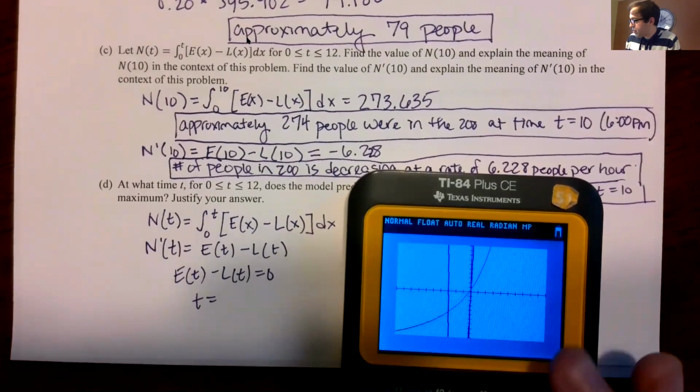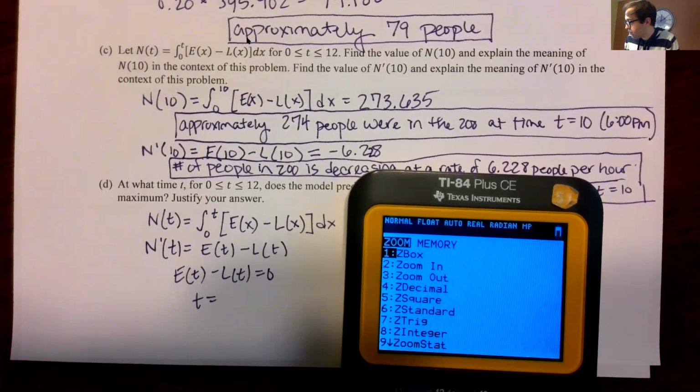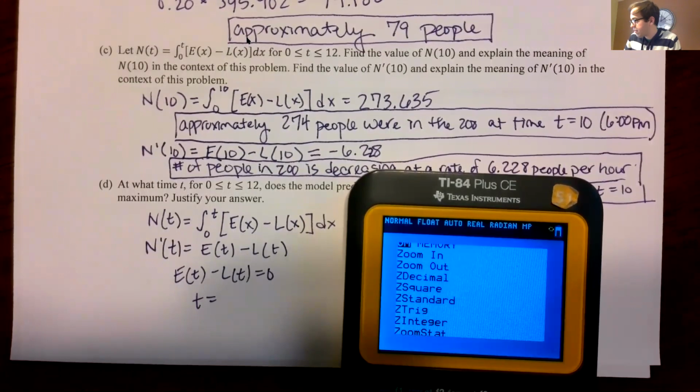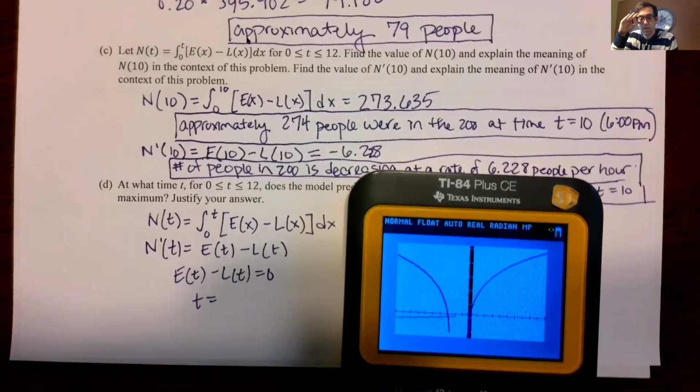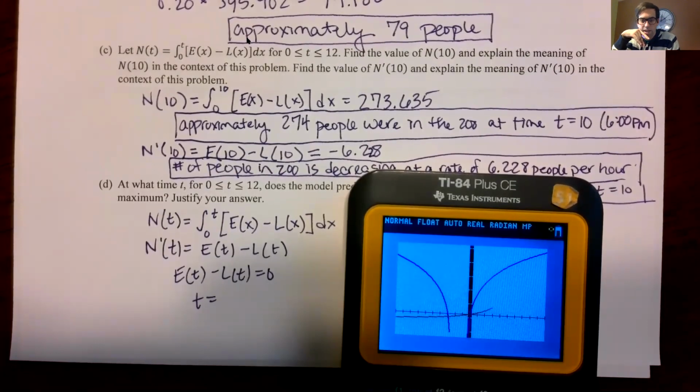So I'm going to change my window to Zoom Fit to see if that helps. Okay, so the x-axis is still from negative 10 to 10.